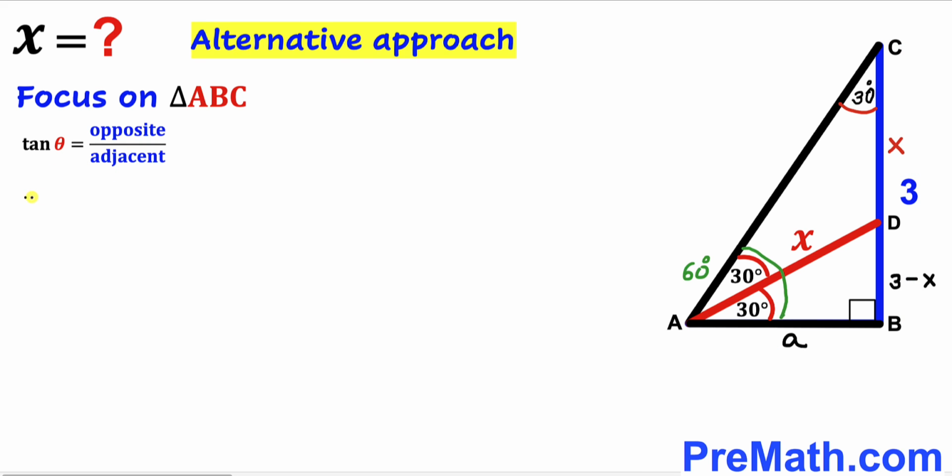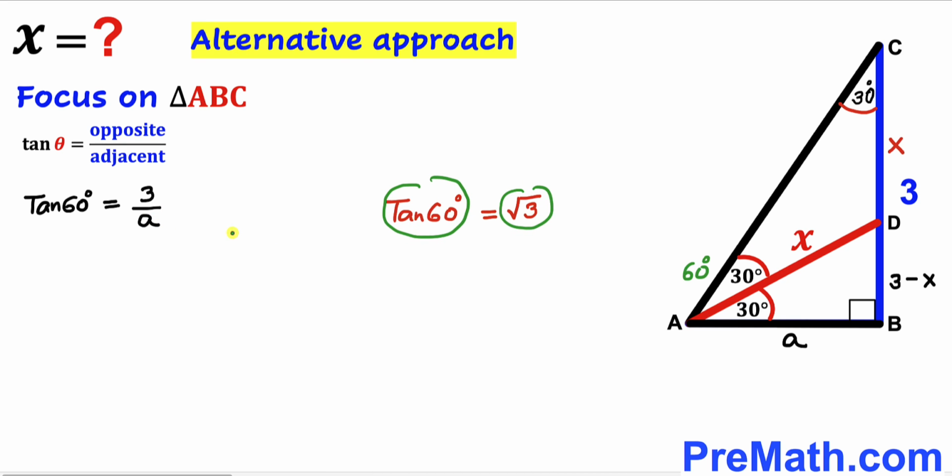Therefore, tangent of 60 degrees is going to become opposite side, which is 3, divided by adjacent side, which is lowercase a. We know that tangent of 60 degrees is square root of 3, so we can write square root of 3 equals 3 divided by a.